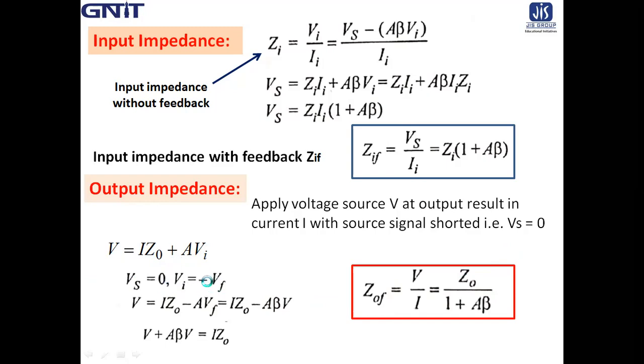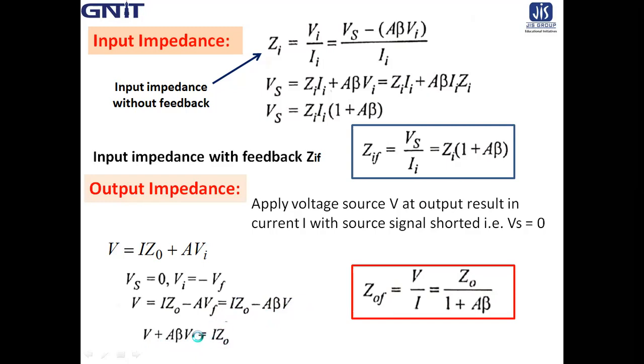That means Vi equals minus Vf. Therefore, V equals I Z0 minus A Vf. Therefore, I Z0 minus A beta into V. So simplifying, V plus A beta V equals I Z0.